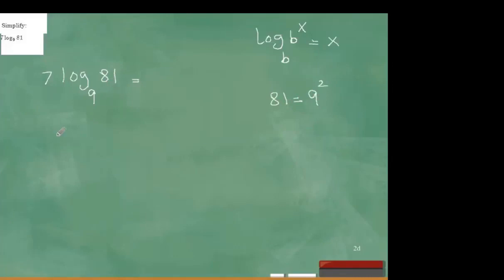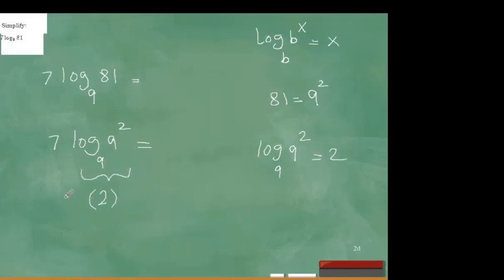So if I replace 81 with 9 to the power of 2, you can see now we are looking at this property right now. This b and this b are matching. So this portion would be just equal to 2. So log of 9 to the power of 2 with the base being 9 must be equal to 2. So this would be simply 2.